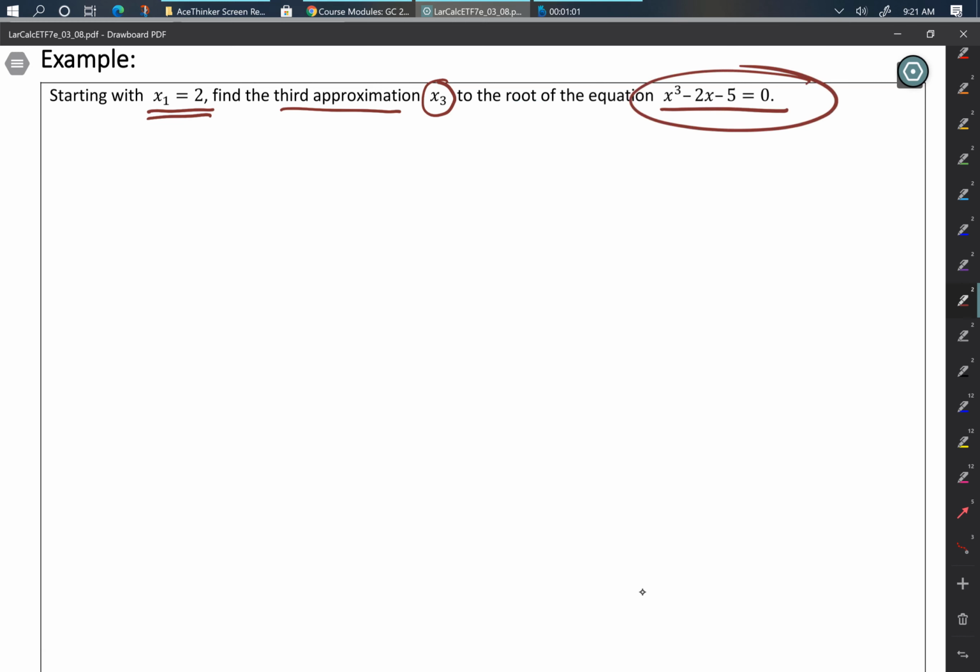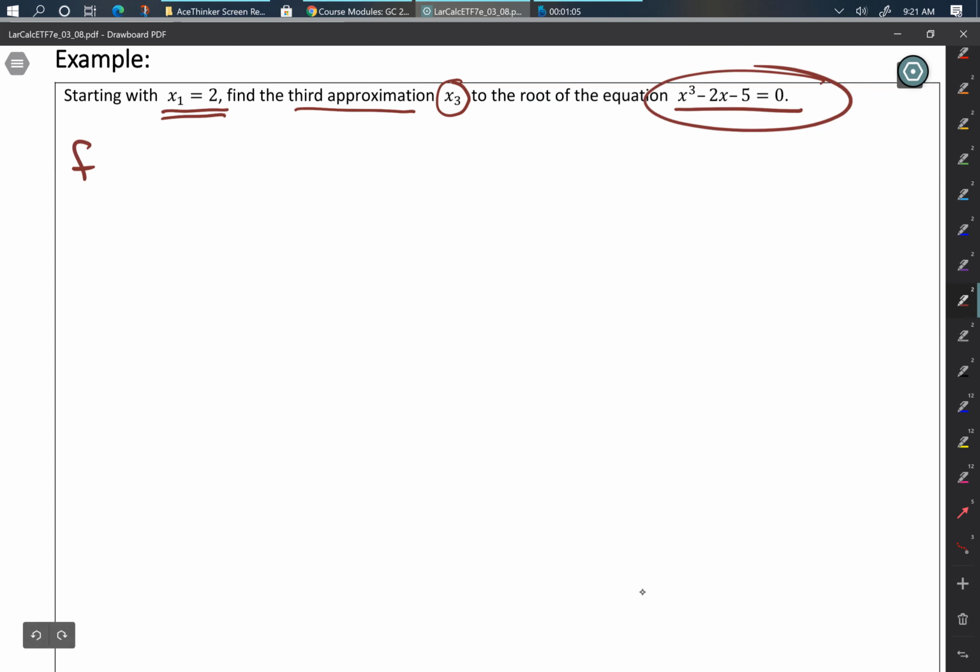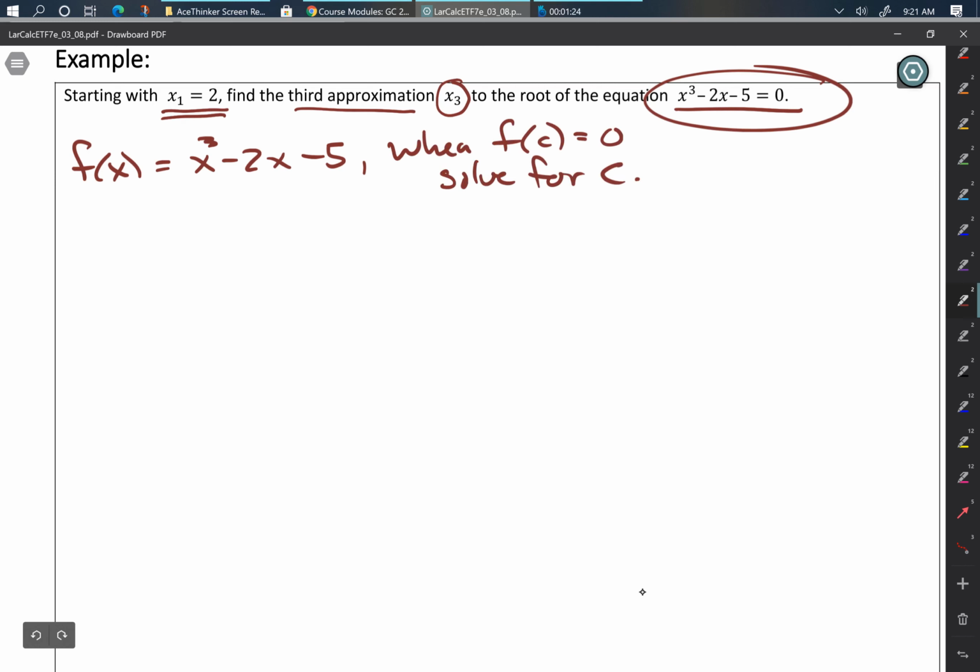What Newton's method does is find when a function is equal to 0. So what is the function we're working with here? We are working with the function x cubed minus 2x minus 5, and we want to find out when f of c is equal to 0. Our job is to solve for c, okay?